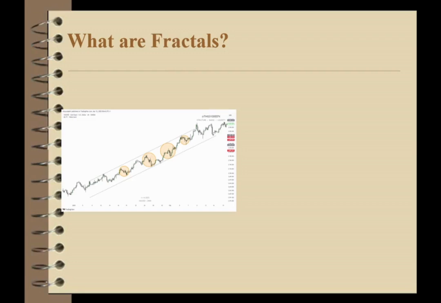Let me explain using this chart. This is gold. On gold now, this appears to be bullish, but you can see the circled parts. Those circled parts are minor retracements.